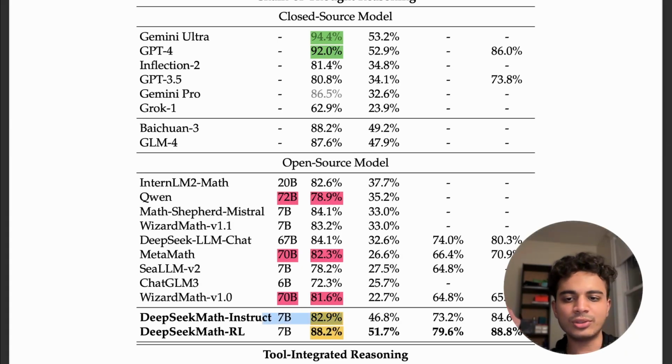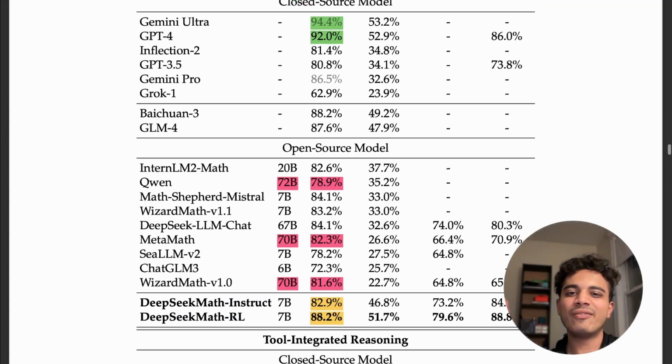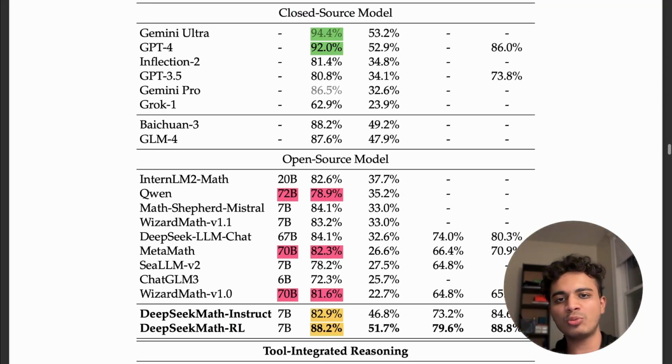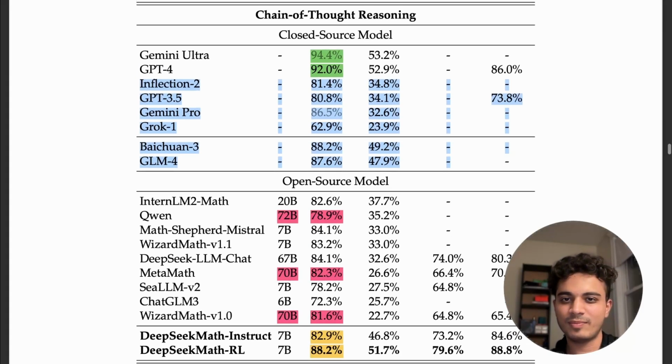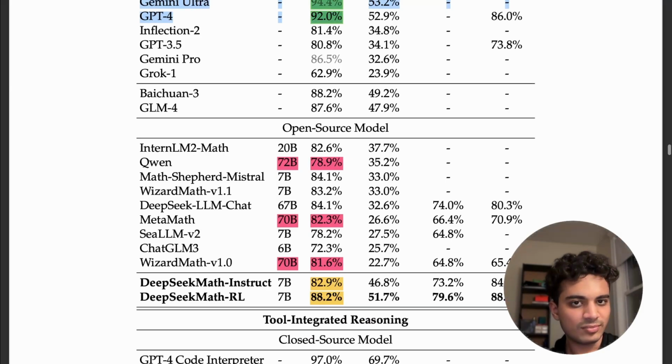When RL was not introduced, it was just using Math Instruct, which was comparatively okayish and fine enough as compared to other open source models, which is not too impressive. But after implementation of RL, they could see this huge significant leap, which of course outperformed every single open source model, but also outperformed many of these closed models in mathematics. Of course, it could not really beat GPT-4 and Gemini Ultra, but that's fine.